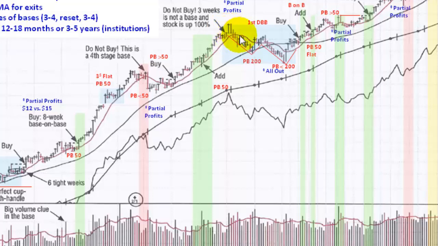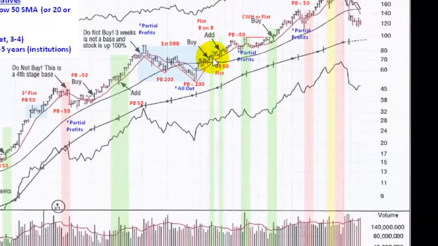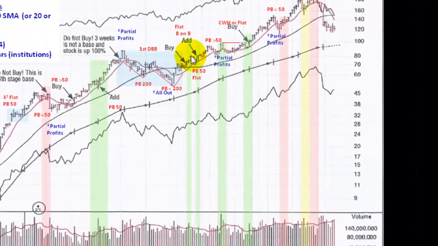It corrects severely, falling under the 50-day moving average, finds some support initially at the 200, then crashes back through it. That forms a double bottom base. So as it breaks out of this double bottom base, you can add to your position.